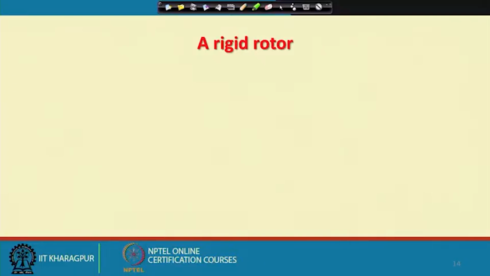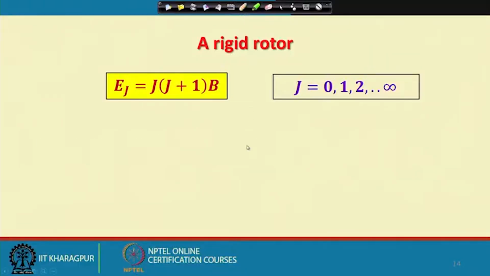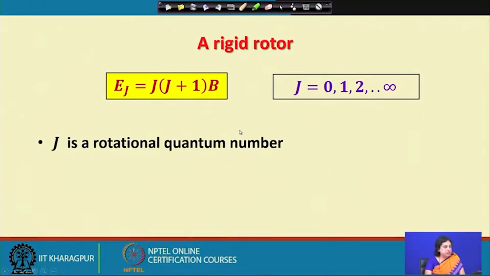The next system that I will just touch upon is a rigid rotor, and it is known from quantum mechanics that the discrete energy values that are allowed for a rigid rotor are given by this expression, where it is characterized by this rotational quantum number j, and it is shown that E j is given by B into j into j plus 1, where j can take up discrete integer values starting from 0, 1, 2 and so on up to infinity.